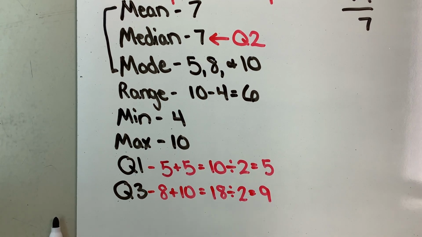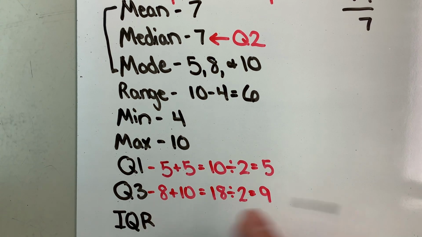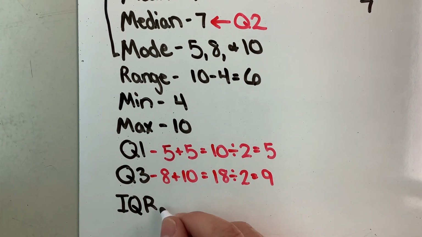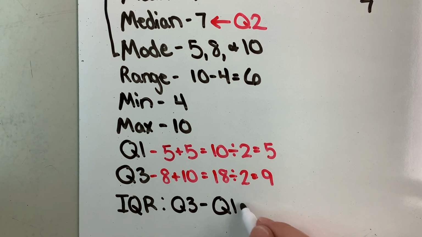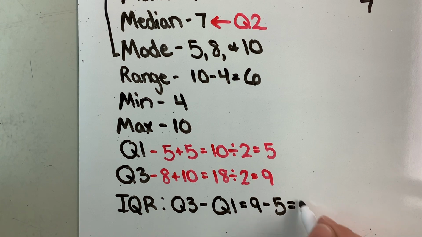So we could form a box plot now. But what I want to look at now is the IQR. We talked about it, but we're going to look at it again. This is a measure of variability. So for the IQR, you're going to take your Q3 minus your Q1, and that gives us 9 minus 5, which is 4.